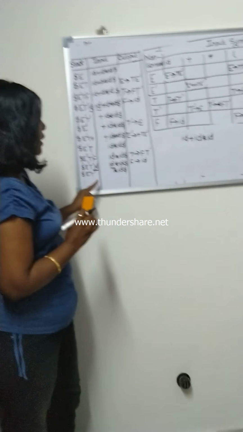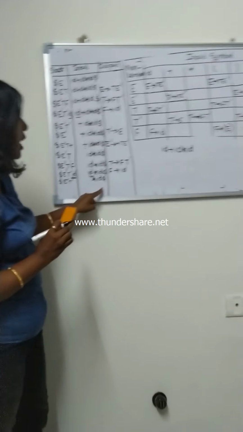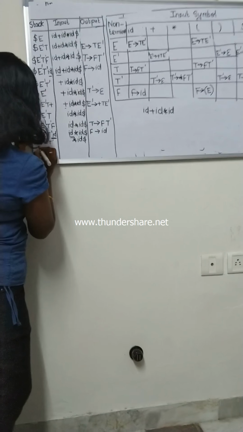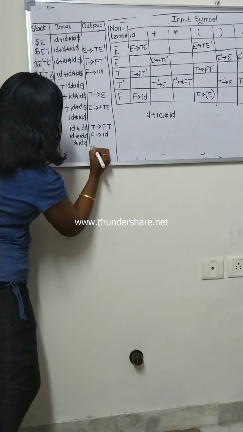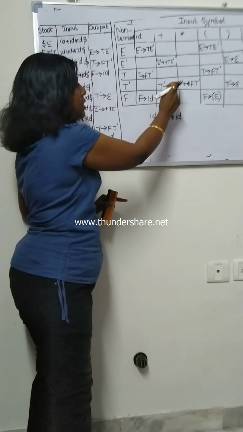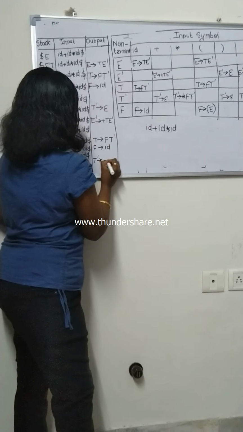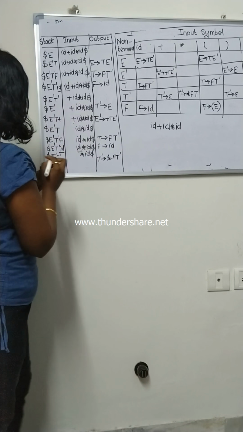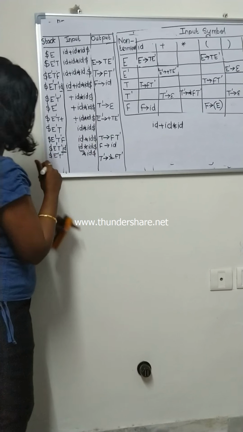Now I am going to check T dash star. So T dash star, that is T dash derives star FT dash. So here I am going to write in reverse order.